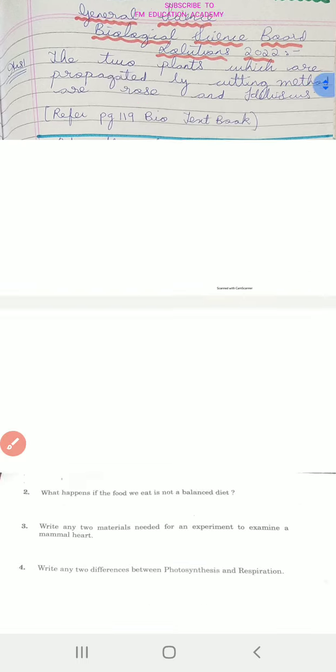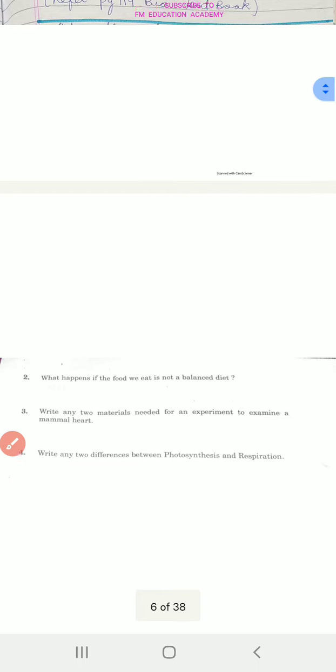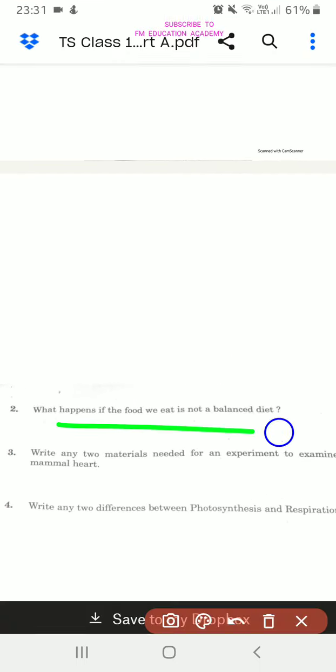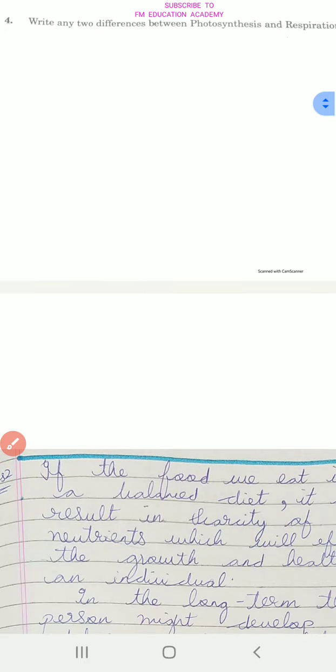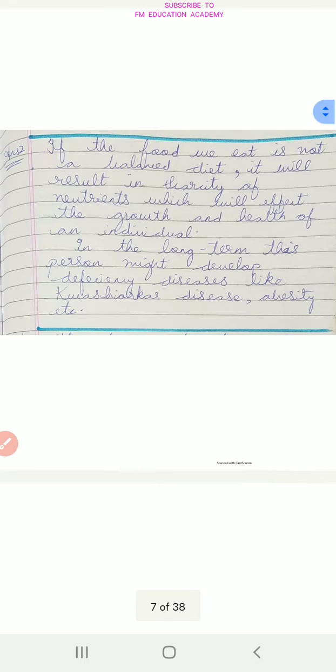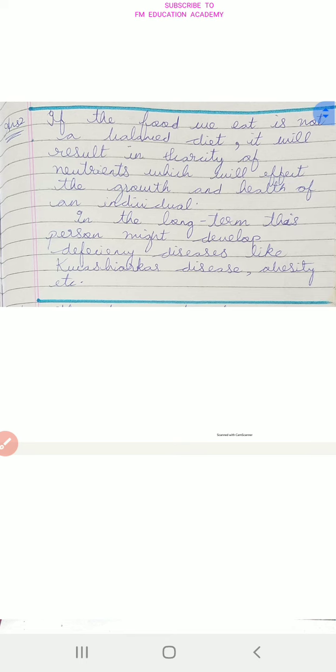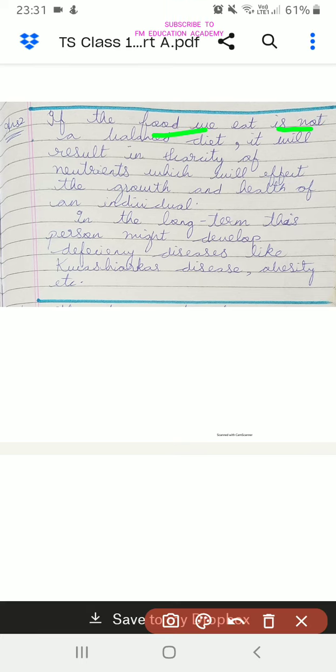Question 2. What happens if the food we eat is not a balanced diet? That is the question. If you don't eat balanced diet, what will happen? So the answer to this question is, if the food we eat is not balanced, it will result in scarcity of nutrients.